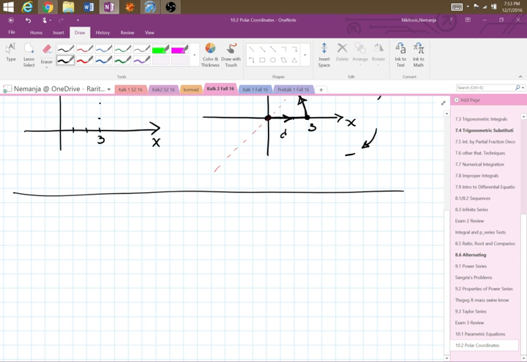These polar coordinates will be upgraded to three-dimensional coordinates later, called cylindrical coordinates, and then spherical coordinates. Your rectangular coordinates x, y will only be upgraded in one way, comma z, and that's it. You get a box, like the box we're sitting in right now, called the classroom.